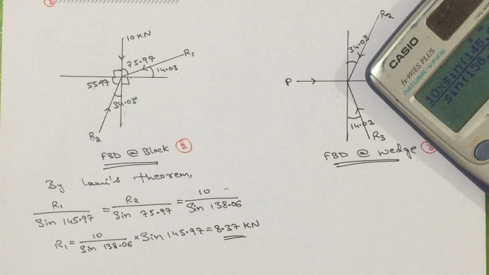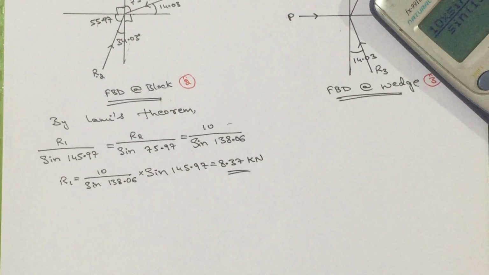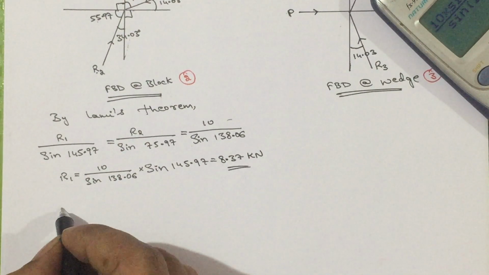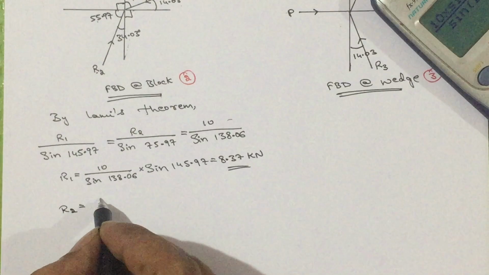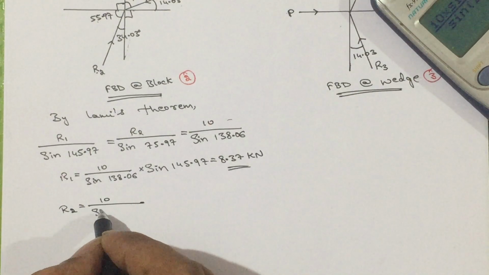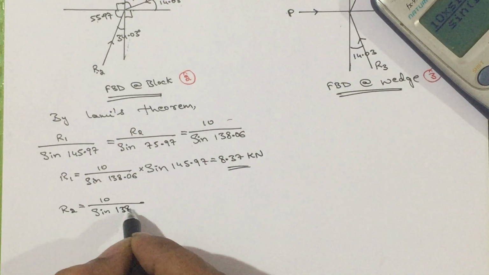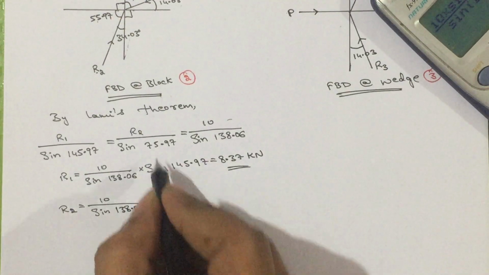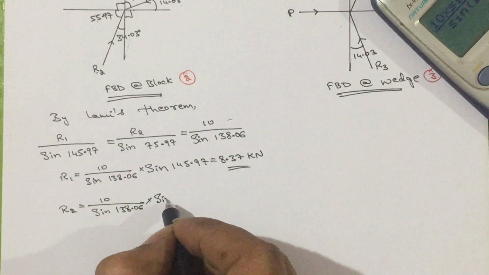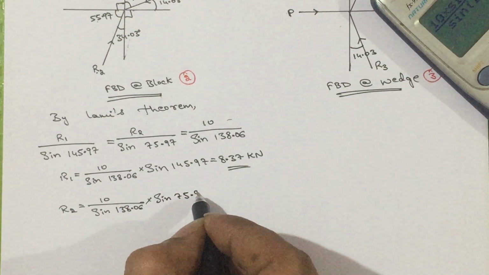Then take the second part and the last part. R2 is equal to 10 divided by sine of 138.06, then cross multiply with sine of 75.97.